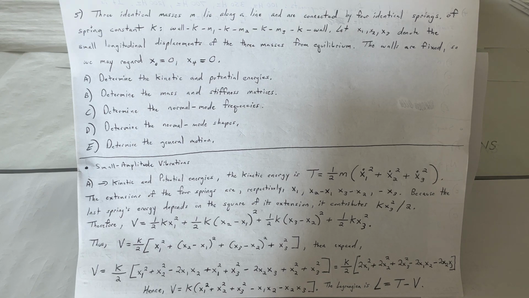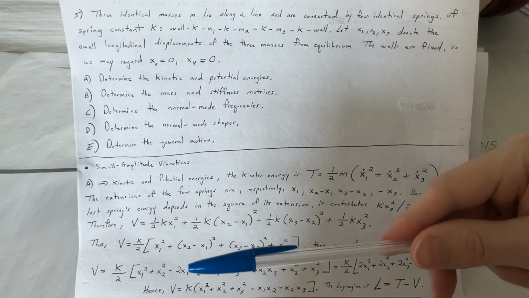So from there, V equals k over 2 bracket x sub 1 squared plus the quantity x sub 2 minus x sub 1 squared plus the quantity x sub 3 minus x sub 2 squared plus x sub 3 squared, close bracket. Then expanding from that, we get the following.